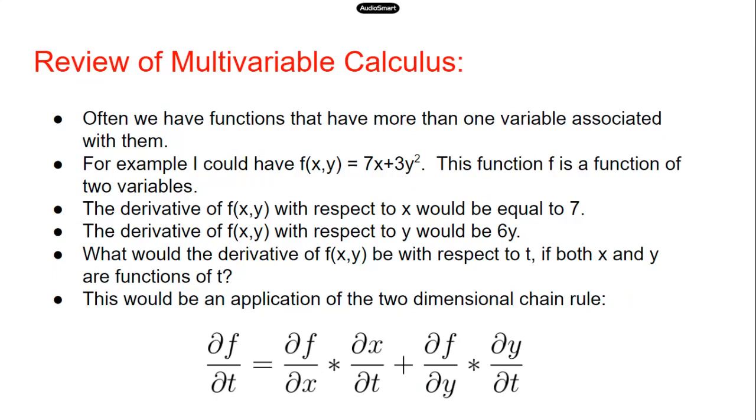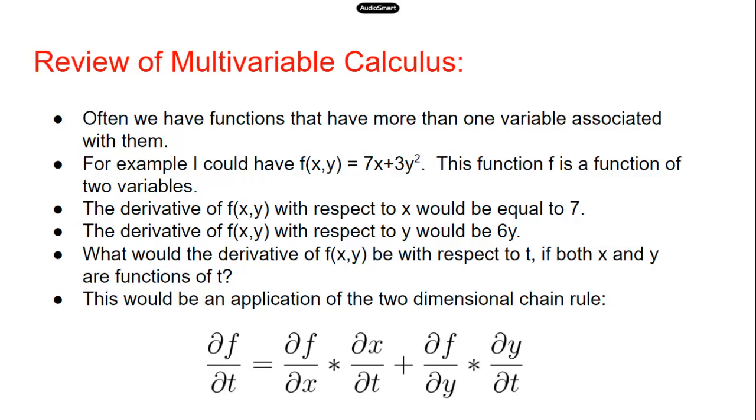So the derivative of this whole function with respect to x is just 7. If we differentiate with respect to y, this first term is not a function of y, so it's 0. And you remember the derivative of 3y squared is 6y. If we have y to the n, the derivative of y to the n is n y to the n minus 1.